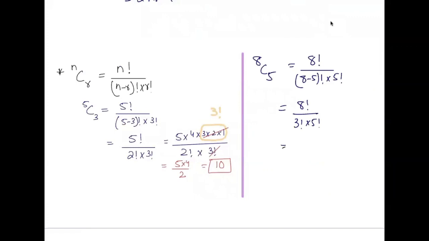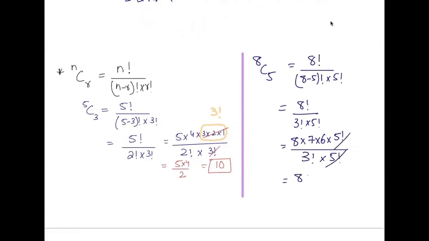Now, if I want to expand 8 factorial, I can expand it till 8 times 7 times 6 times 5. Can I stop at 5 factorial over here? Because after this, it's going to be 5 times 4 times 3 times 2 times 1. The reason I'm stopping over here is because I see that the denominator has also 5 factorial. So I can cancel this out.